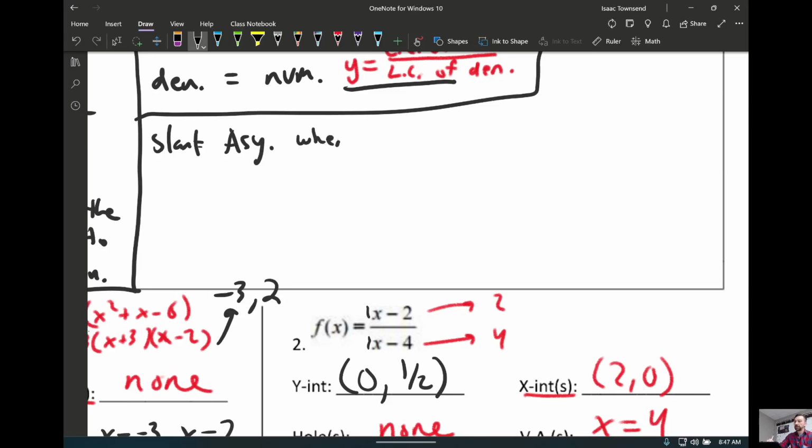So, since this is a pain, the first thing you need to learn is when there's even going to be one, because you don't want to do this every single time and it be for nothing. So, it's only going to have a slant asymptote when the degree of the numerator is 1 bigger than the degree of the denominator.